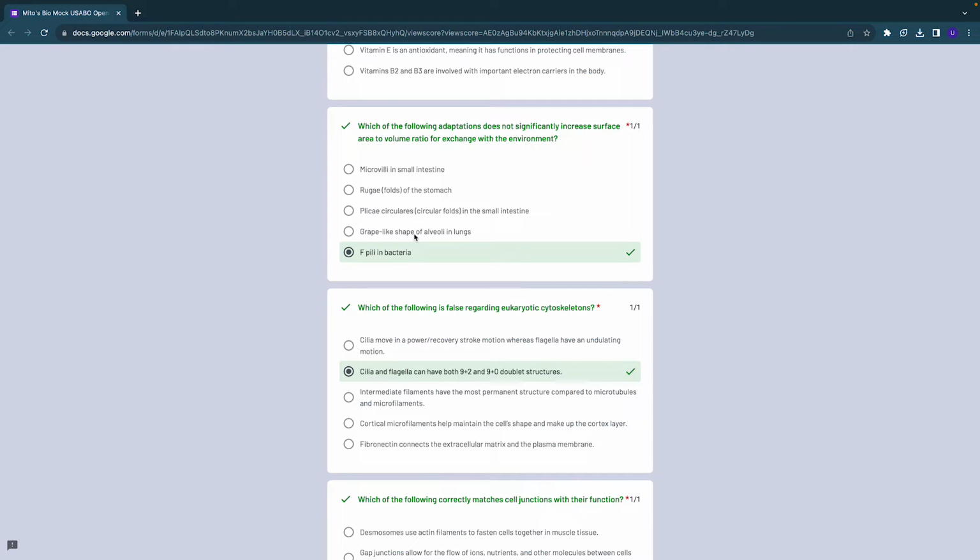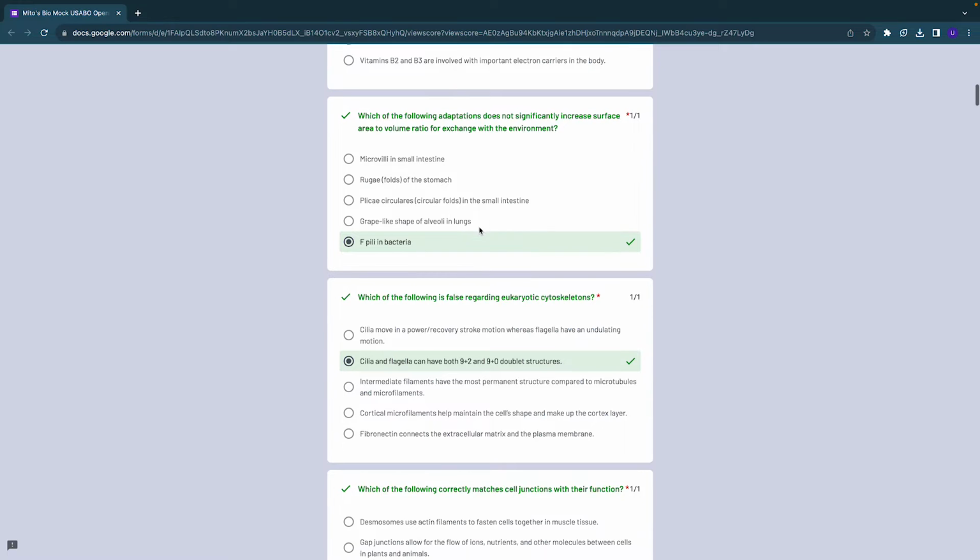And then the shape of your alveoli basically has that same volume, but just increases the surface area by a lot to make gas exchange more efficient. And then F pili, however, their main function really is just to communicate between bacteria, share genetic information, stuff like that. So the point of those is not to increase surface area.